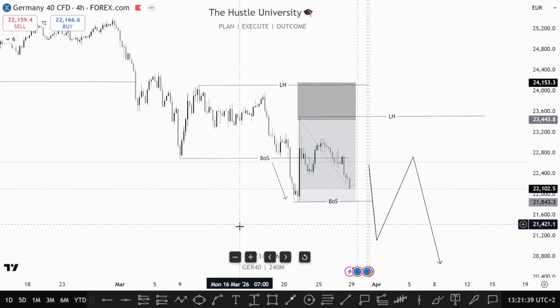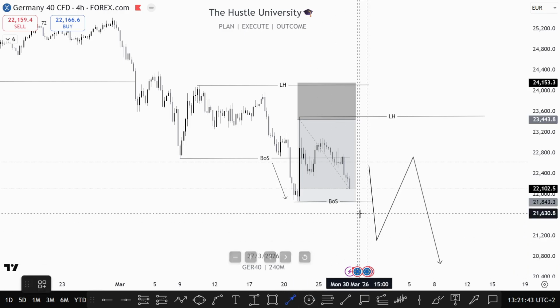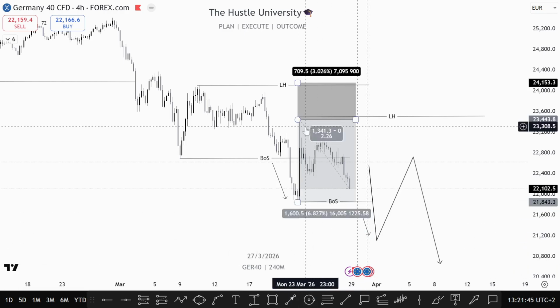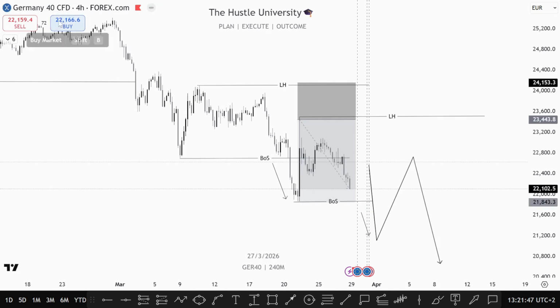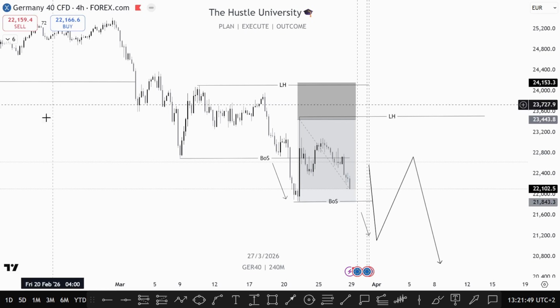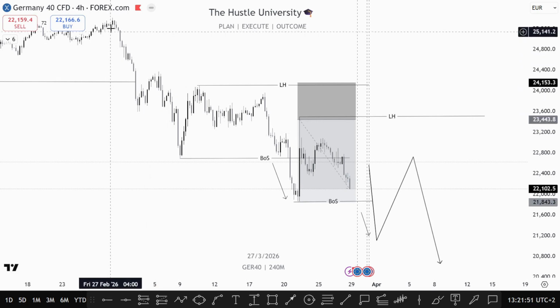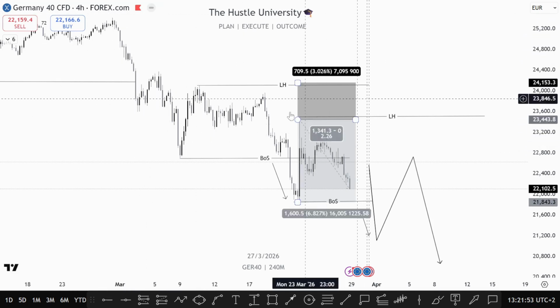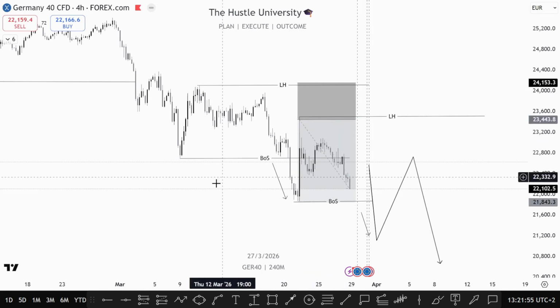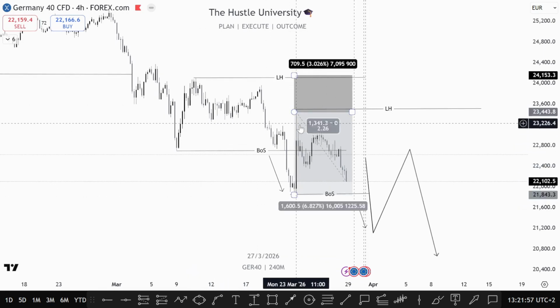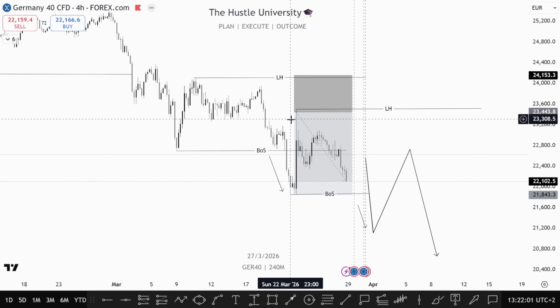So very much so, this is what you want to see. Eventually price, I didn't take this because I was using another pair of German 40 or of the DAX, but it wasn't from forex.com, so I didn't realize that it actually had hit. Only when I was trying to set my sell stop did I realize that it actually had hit on my broker too.